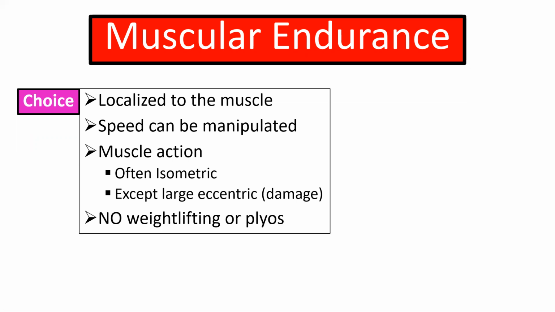We also want to minimize using weightlifting movements and plyometric movements for muscular endurance because those are very ballistic, high power outputs, and we're not really going to want to work on high power outputs from a submaximal repeated effort standpoint.